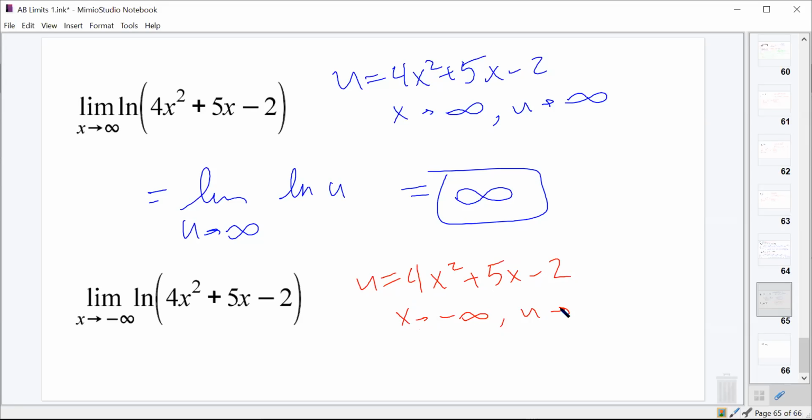Positive infinity, still positive infinity again, right? Because that x squared dominates. And if you square the negative, it makes it positive. So this becomes the limit as u approaches infinity of natural log u, which we already decided was infinity. Good or no?